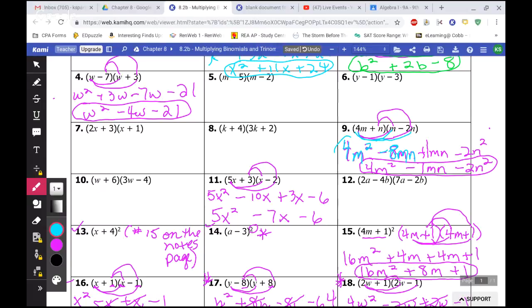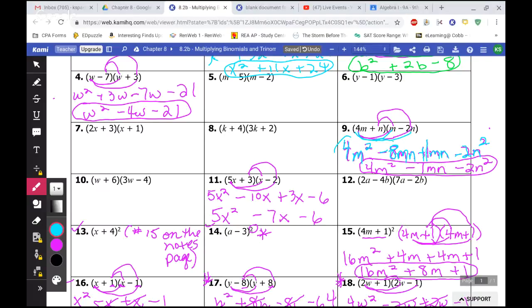And then inner is n times m. And once again, keep it in alphabetical order. So that gives me a positive 1mn. You don't have to write the 1, but I wrote it here. But I keep it in alphabetical order. And then n times a negative 2n is negative 2n squared.